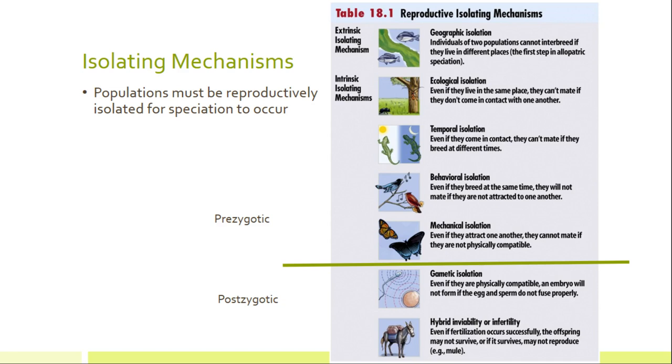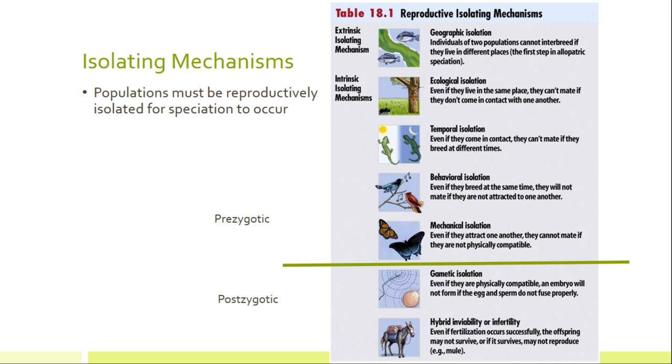Like, maybe you live in the top of the trees, you're a little rodent, and then other rodents live on the ground, you are not going to come in contact with each other. Temporal isolation is that even if you do come in contact, you can't mate because you breed at different times. The autumn crocus versus the spring crocus. The autumn crocus flowers in fall. That's when it reproduces. The spring crocus flowers in the spring, and that is when it reproduces, so they can't do that.